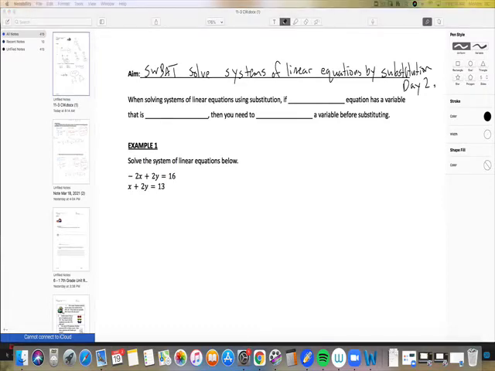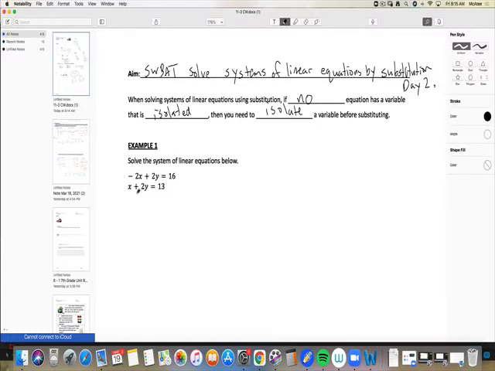So when solving systems of linear equations using substitution, if no equation has a variable that is isolated, then you need to isolate a variable before substituting.